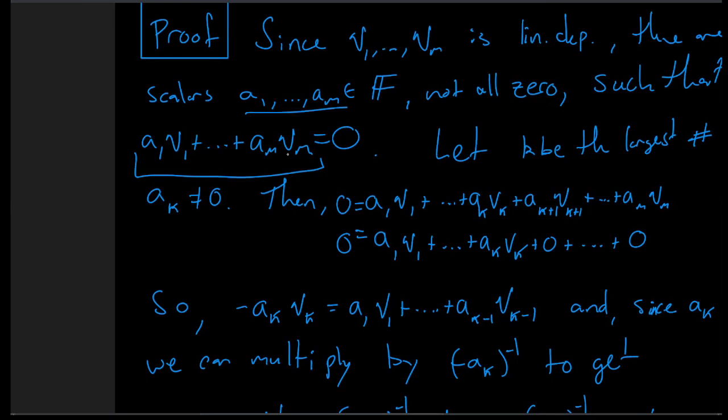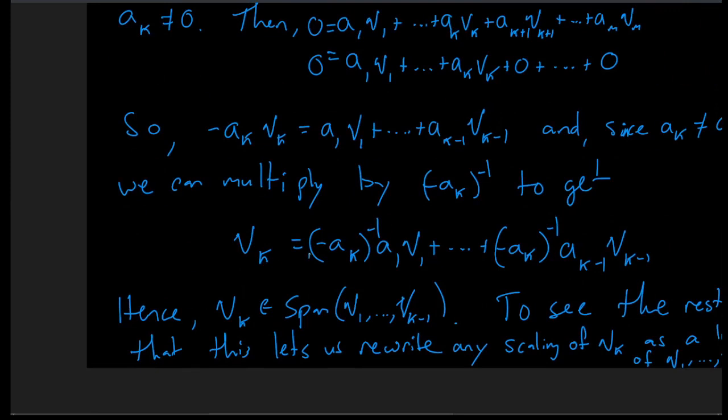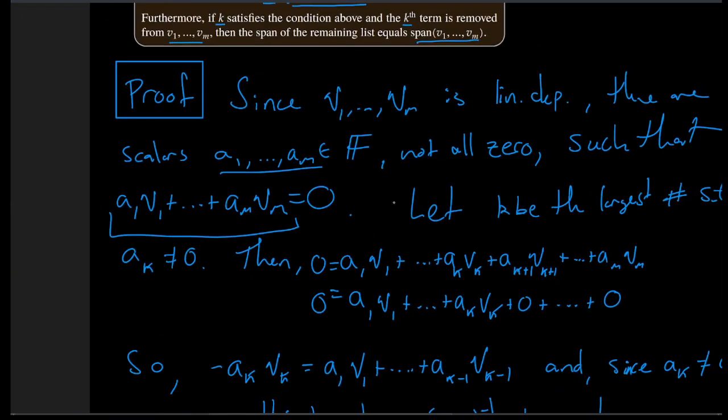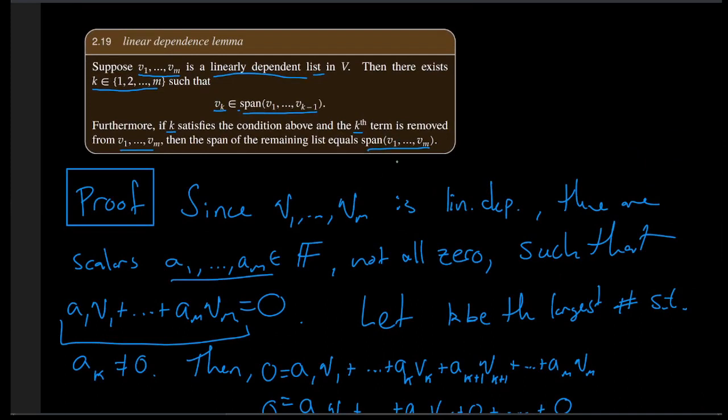Pick out the part that's next to vk, replace vk with this whole thing right here, group terms together, and hey, would you know it, everything is in terms of a linear combination of v1 through vm sans vk. Okay, cool. If you want to prove that yourself, just verify it. It is a very routine application of commutativity of addition and associativity, and also distributivity of scalar multiplication over the vector space's addition.